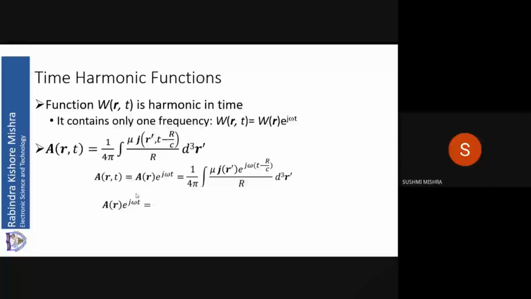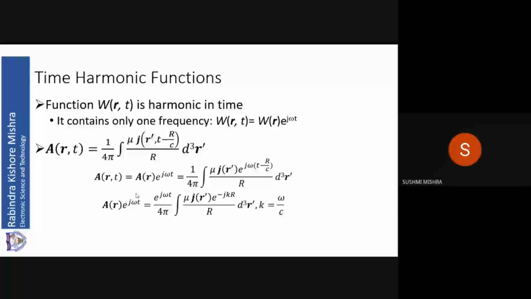Let us take e to the power j omega t common, and use the fact that k is equal to omega upon c. Once we do that, we get e to the power j omega t outside, because the integration is only over space. It is not over time. So the time part we take outside.